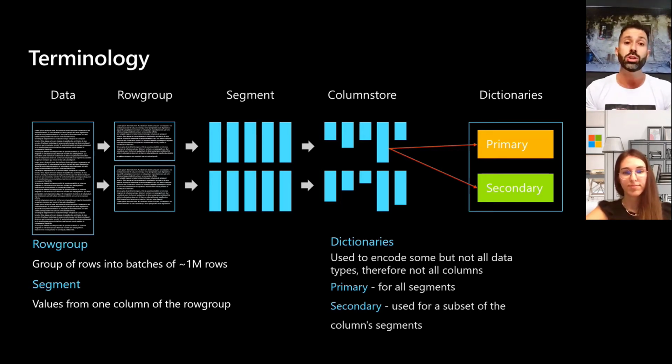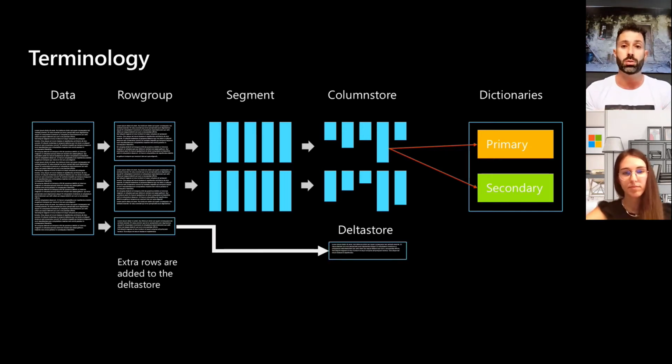But we also have internal objects on this column store index called dictionaries. Dictionaries is where we store metadata of your data. And we have two kinds of this. We have a primary and secondary. Primary is going to work on your entire table, and the secondary is going to work in the specific row group. So even more, we have a delta store.